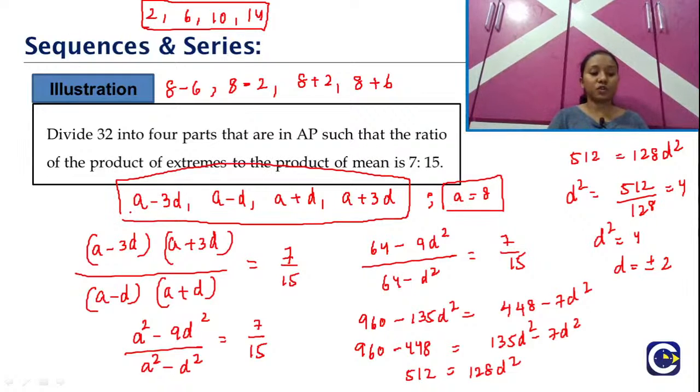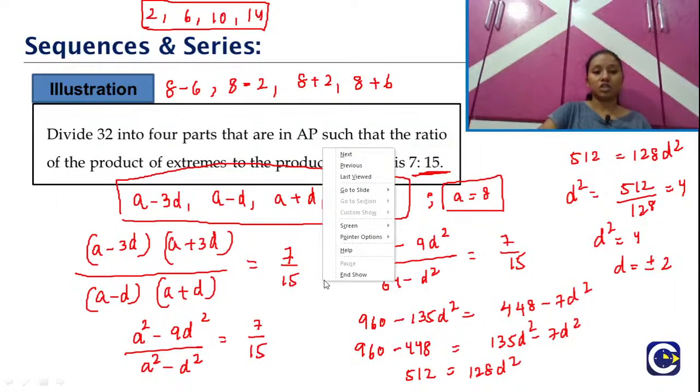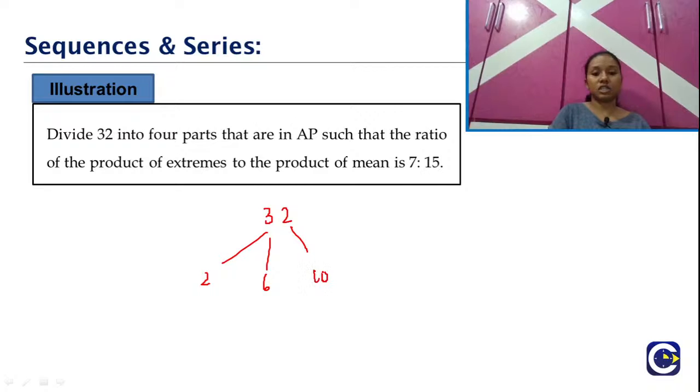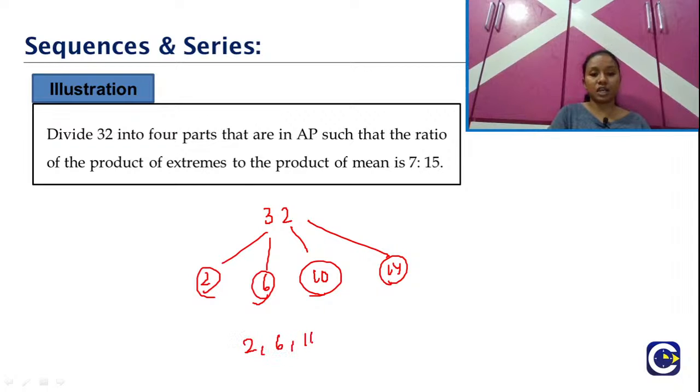And once we find the A value, then by applying the second condition, we can easily determine the common difference. So for this question, the parts of 32 are 2, 6, 10 as well as 14, and these 4 parts are in AP.